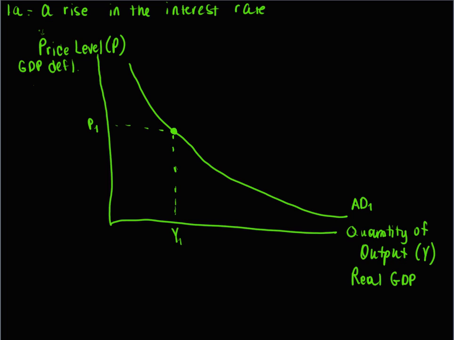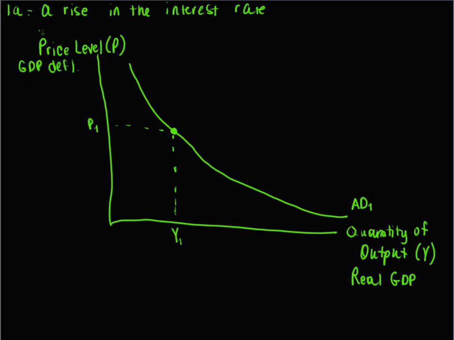Now the question says a rise in the interest rate caused by a change in monetary policy. First of all, we need to ask, are we talking about a movement along the aggregate demand curve, or a shift of the curve? Well, we only move along the aggregate demand curve when the change is a change in the price level.